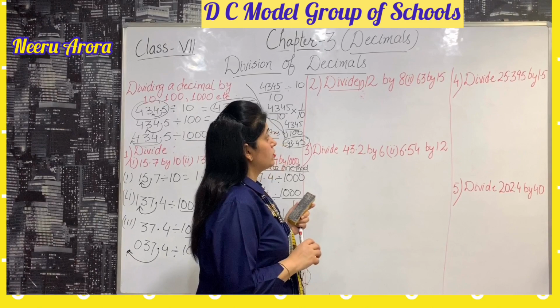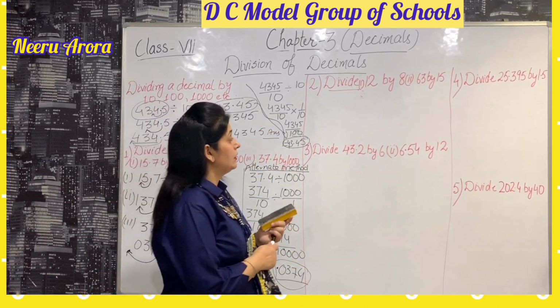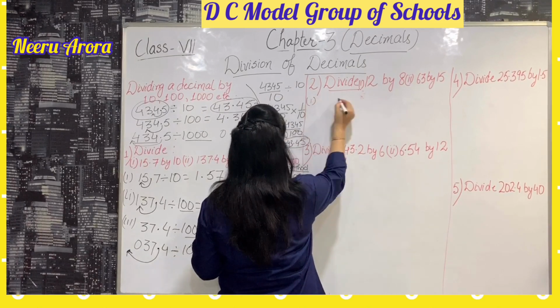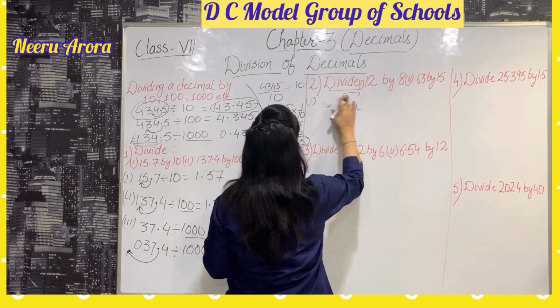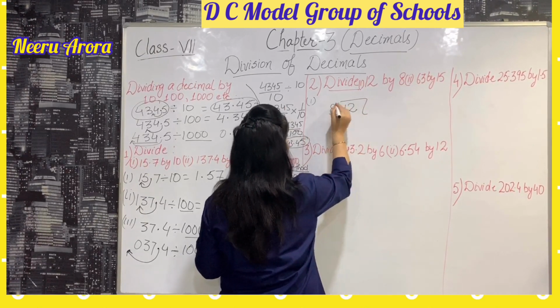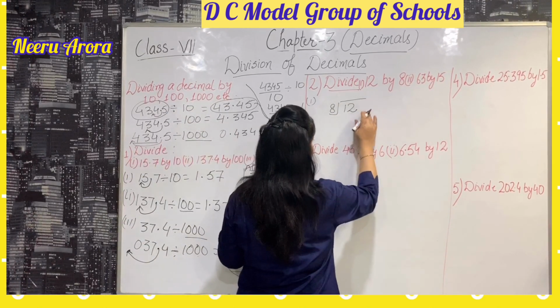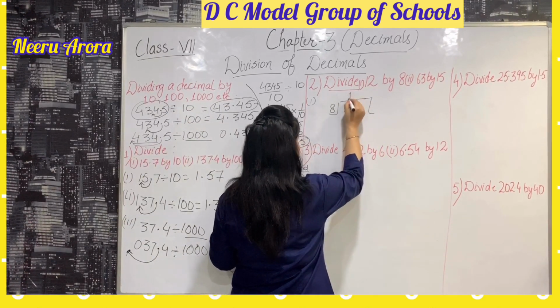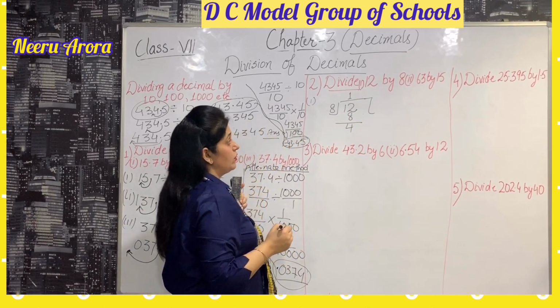Now come to the second question. In this question, we'll use the division method, normal division. Divide 12 by 8. What do we want to do? We want to divide 12 by 8. So 8 ones are 8. Now we have 4 remainder. So what will we do?